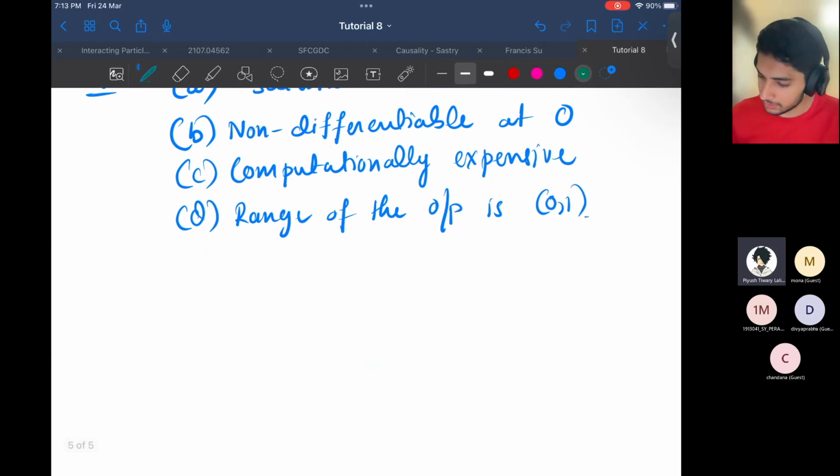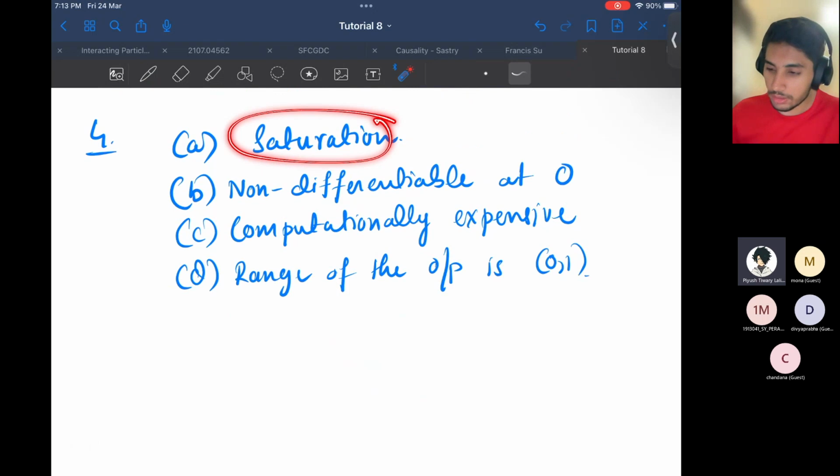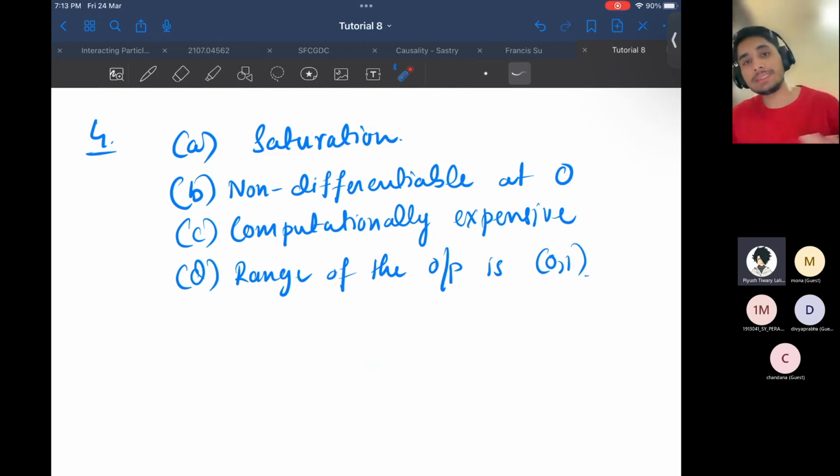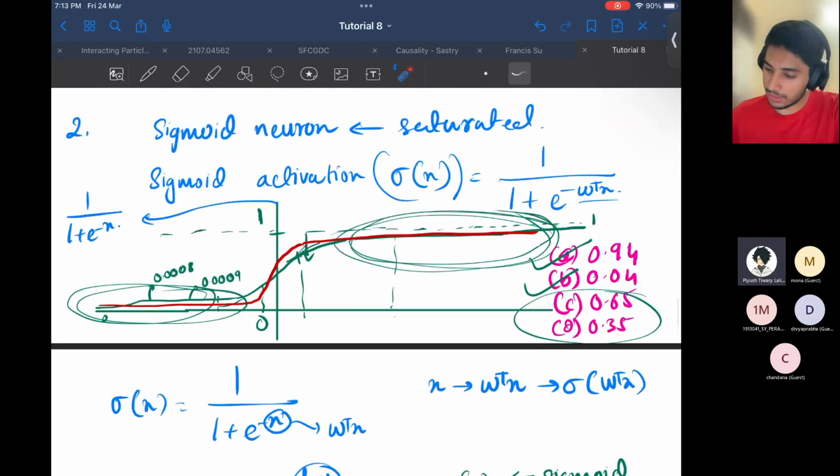Think of it like this: saturation in some sense restricts your learning. Basically, in saturation the values won't change a lot. If the values are not changing a lot, it means that the gradient will be very small. Gradient is rate of change, and if you are not changing at all, your gradient is very small.